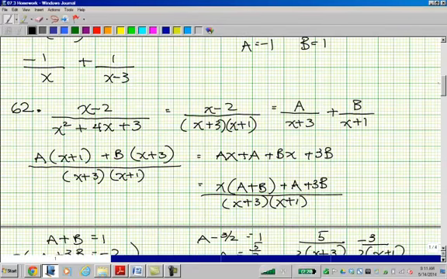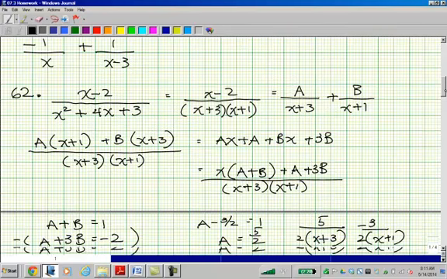62. We have two factors, x plus 3 and x plus 1, in the denominator. This time the coefficient of x is 1, and then negative 2. We make the two fractions, a over x plus 3, b over x plus 1. Cross multiply and make one fraction, eliminate parentheses, combine like terms, and factor.